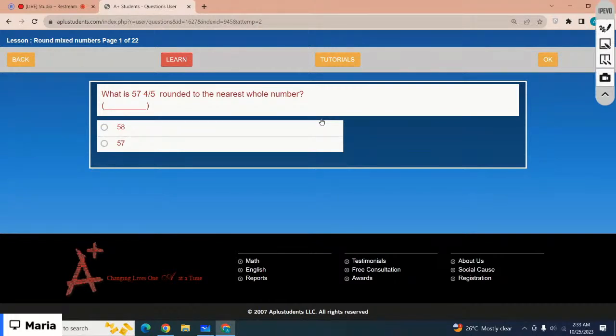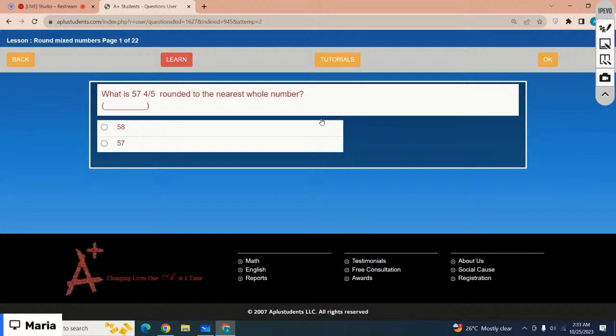4 over 5, right? You have to look at the fractional part, that is 4 over 5. Compare 4 over 5 to 1 over 2. So 4 over 5 is greater than half, right? That means you have to round it up, right? 57 it is. Now it would be rounded off to 58. Basically, when you are rounding mixed numbers, you have to look at the fractional part.